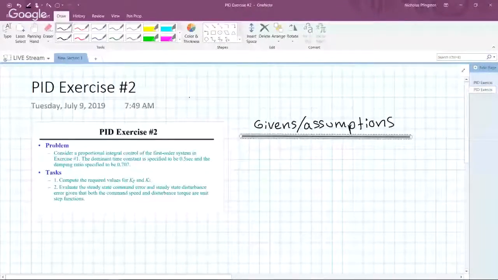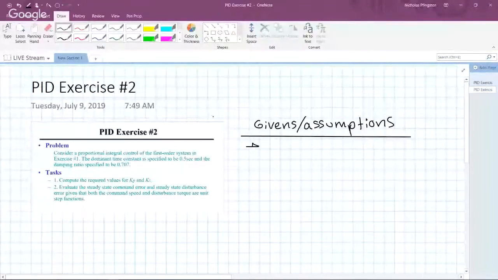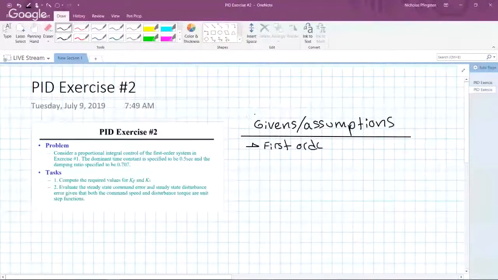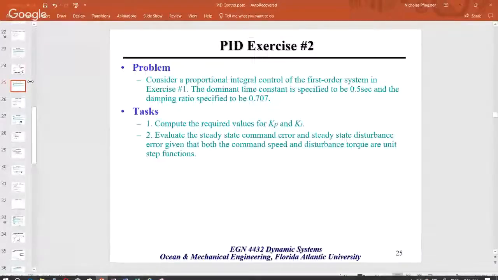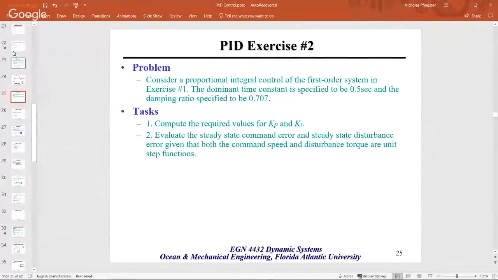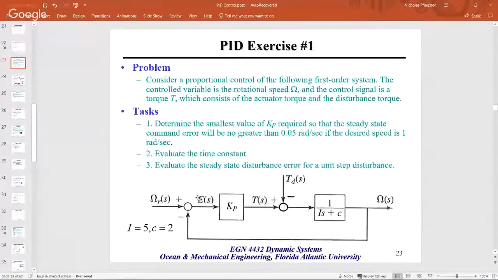So reading the problem says consider a proportional integral control of the first order. Okay, so it's a first order system. And exercise number 1, so we're piggybacking to the first block diagram that was in the PowerPoint. So for those of you who are just now watching, it's this block diagram we're dealing with.